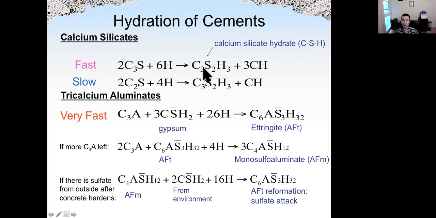It will generate calcium silicate hydrate, which has different names, plus CH. Remember, C is shorthand for calcium oxide, and H is water. So CH means calcium hydroxide, Ca(OH)2.